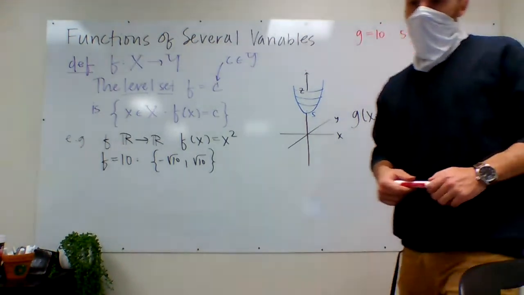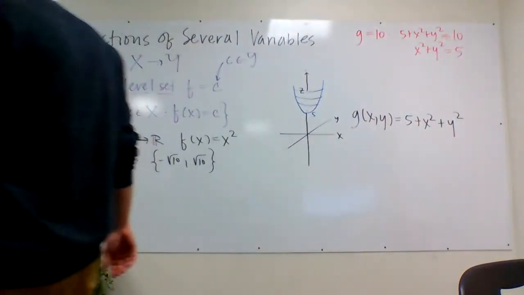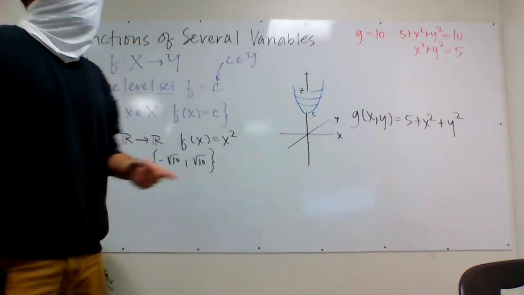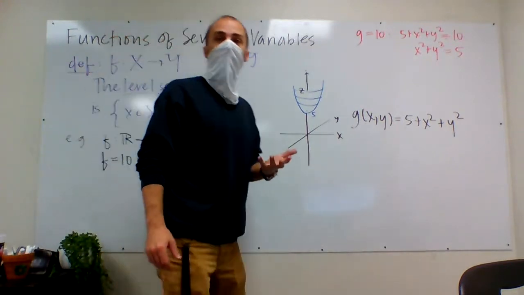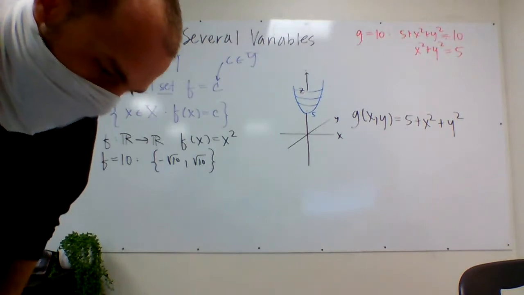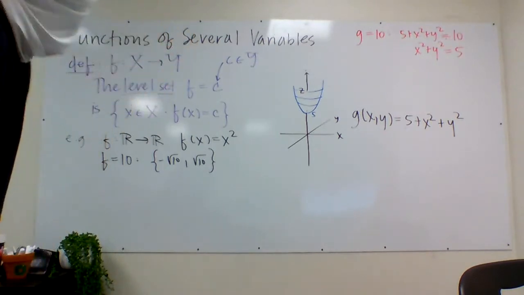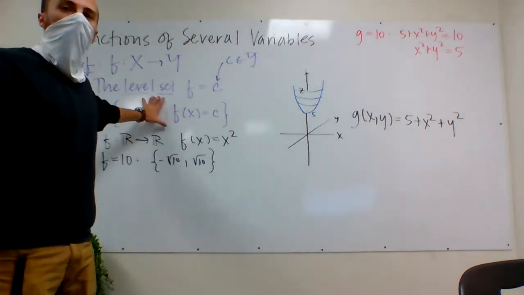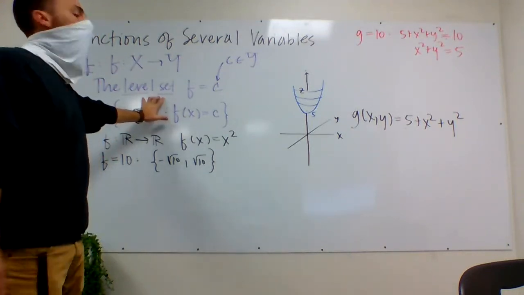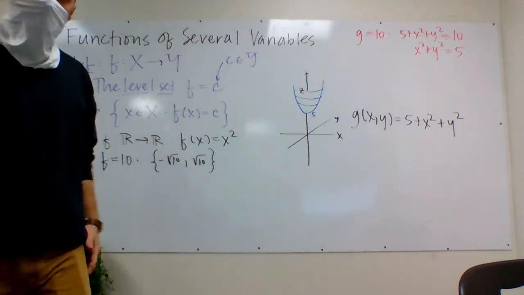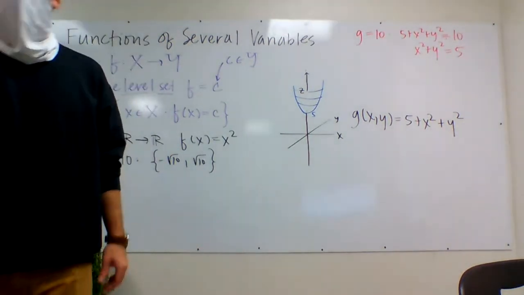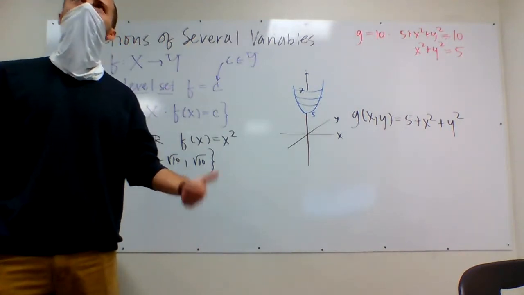These level sets, especially when we're taking in two variables and mapping them to a real number, are going to be level curves in the plane. And when we're taking z equals f of x and y, you might also call this a contour curve, or just a contour in other contexts, because a function of 3 variables will have level surfaces.